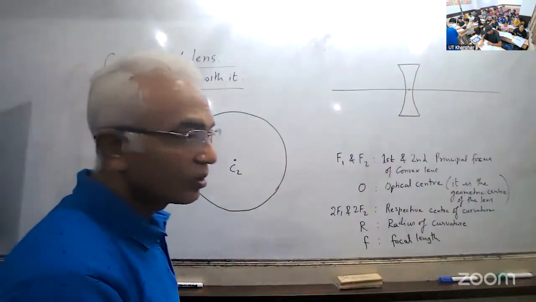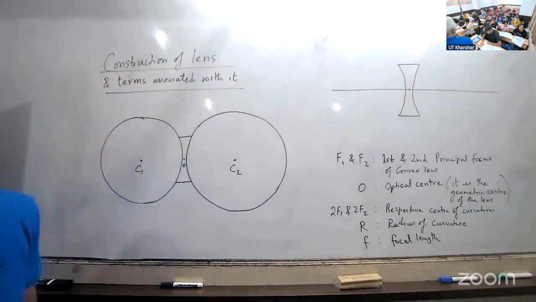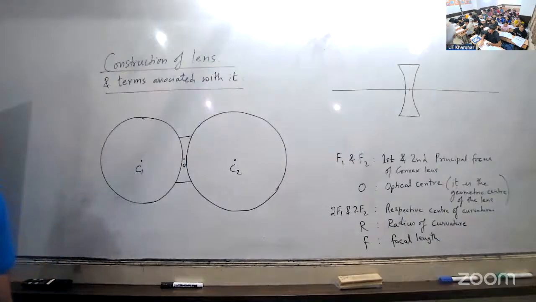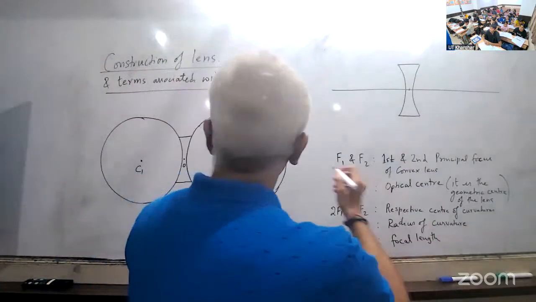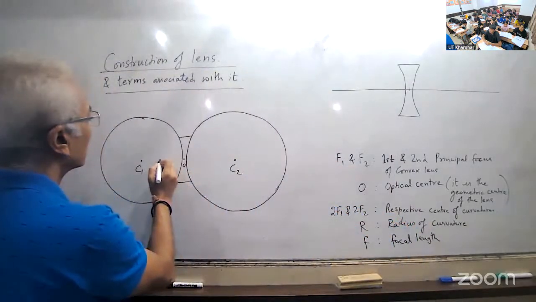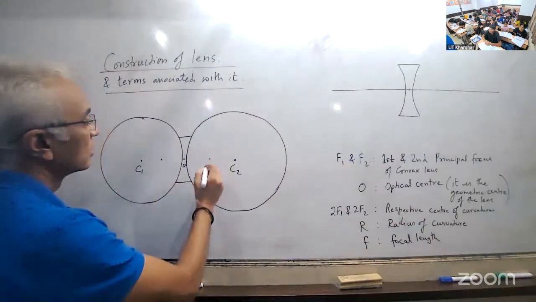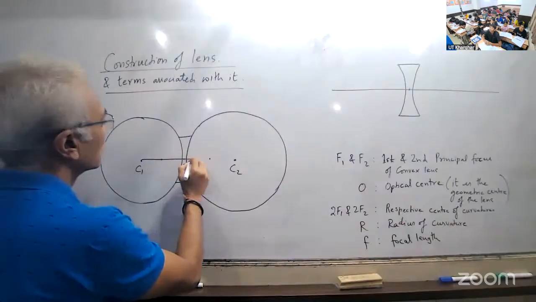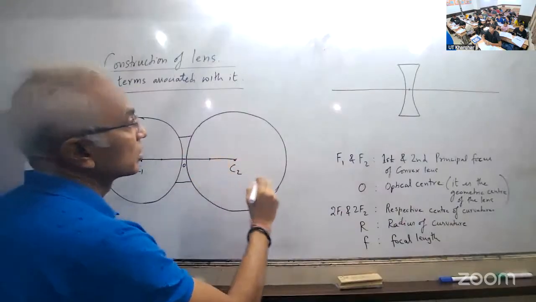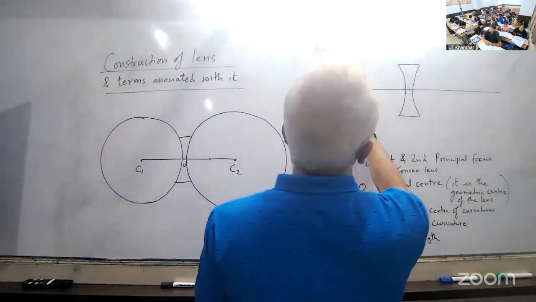It is the point on the principal axis from where, when the light source hits the lens, it becomes parallel. So just like the convex lens, it would have two principal focuses. But now let us see, where are these 4 points?